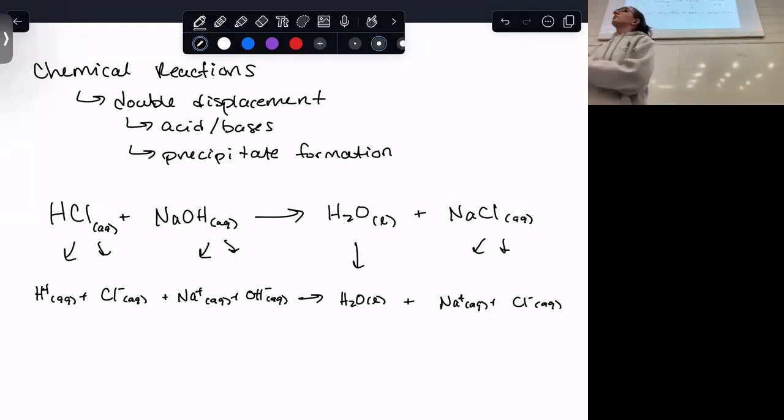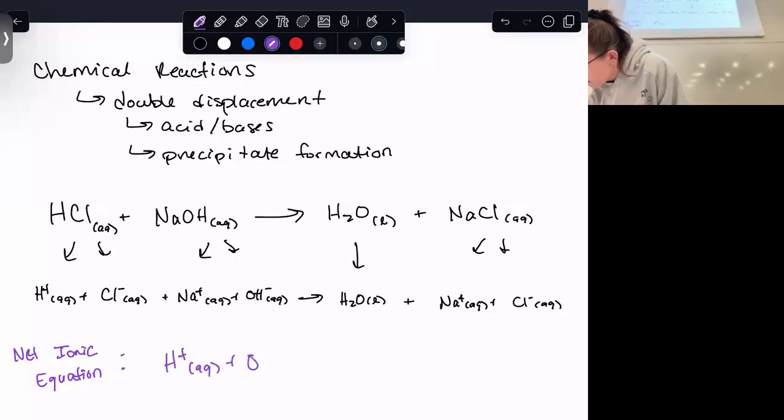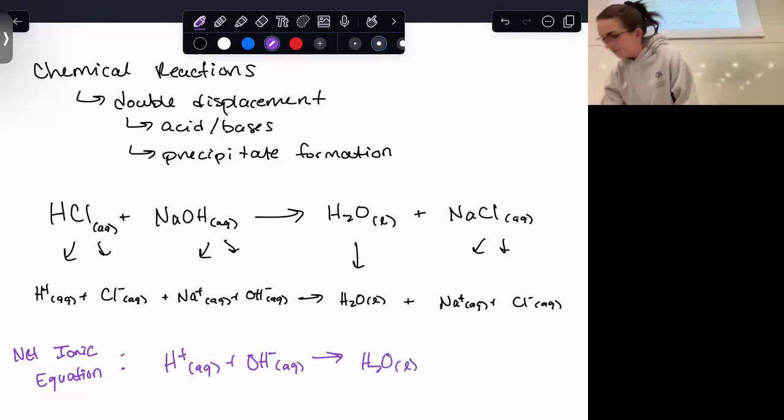They now look like water, not like ions anymore. So if we were to write our net ionic equation, we just get H+ ions and OH- ions forming liquid water.